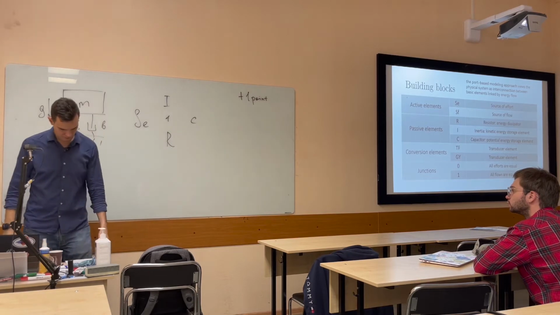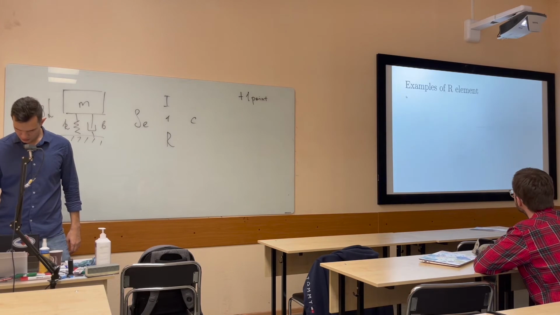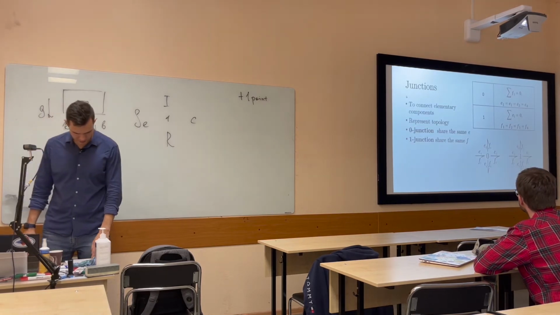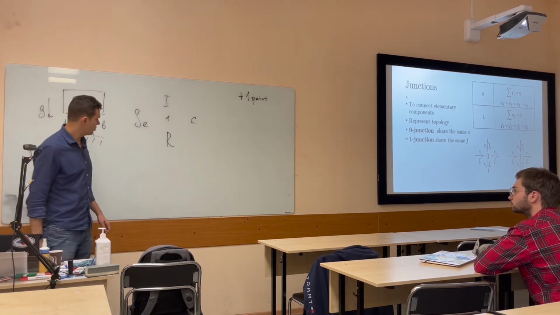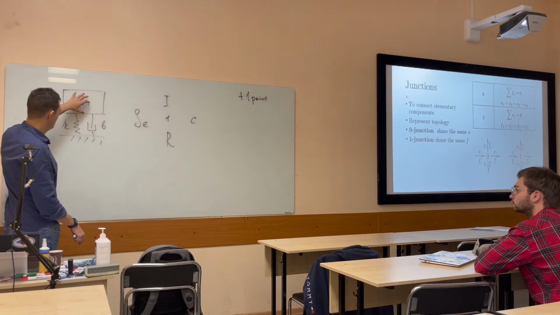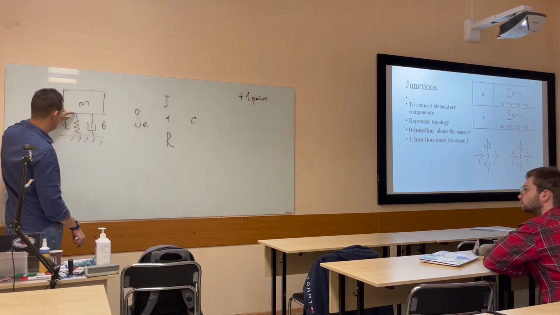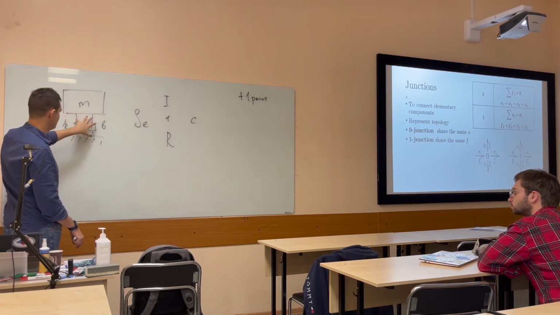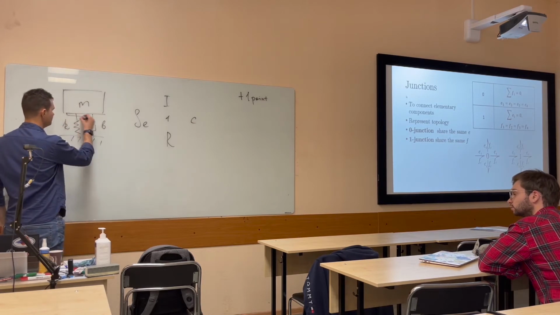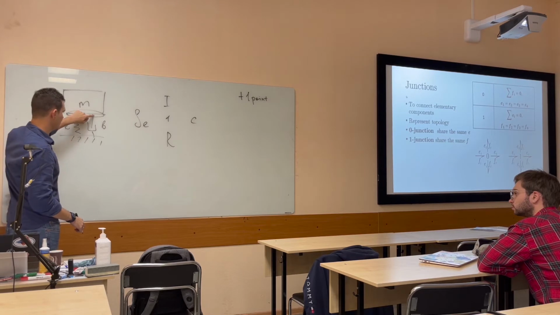And here we need one junction. One junction is the one where the flows are the same, so the velocity of this body is the same. It's like we connected all these bodies of the system together, so we consider the velocity of one part of the spring, one part of the damper, and the mass.